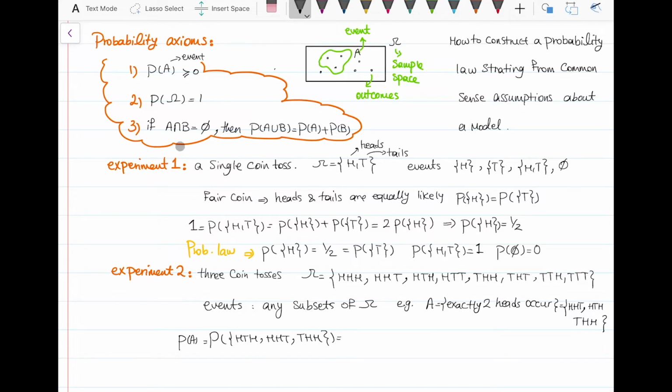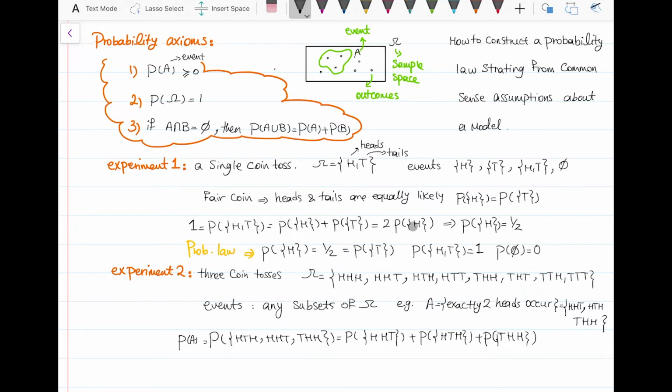By the third axiom, it is the summation of the probability of each one of them. And what is the probability of each one?